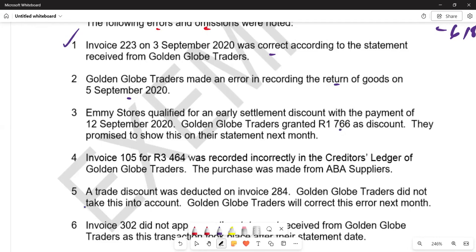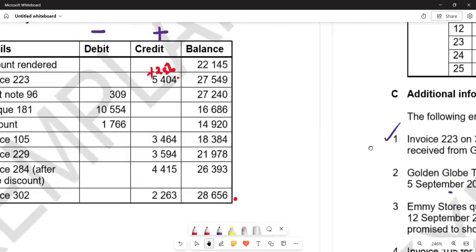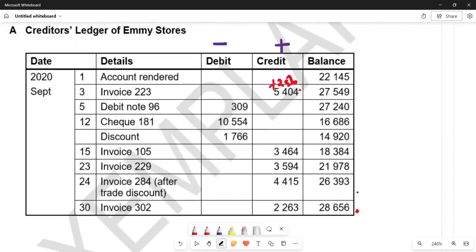But Golden Globe Traders is saying we'll correct this error on the next statement, which means on the recent statement it's not indicating. So if you go to the ledger, we see that we have got the discount here, 1,766 being there, which means our ledger is correct.